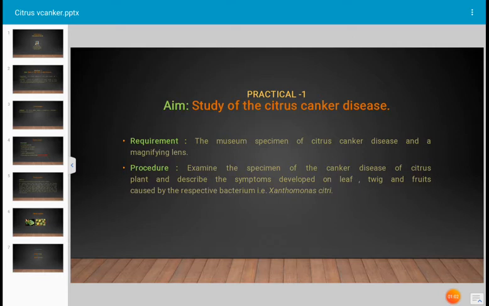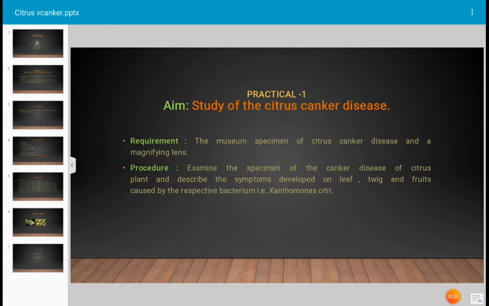What we have to do for this practical, how we have to perform this practical? We just have to examine the specimen under the microscope or through the magnifying lens, because practically by hand we don't want to do anything.